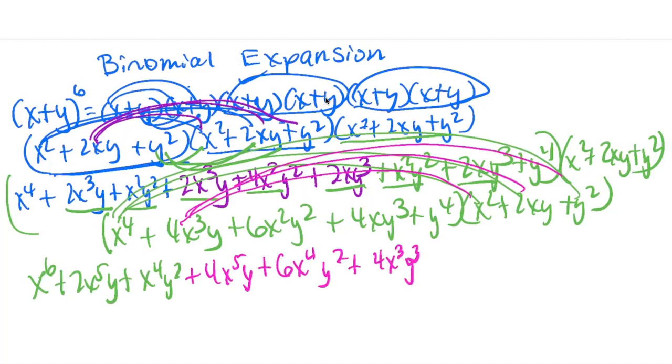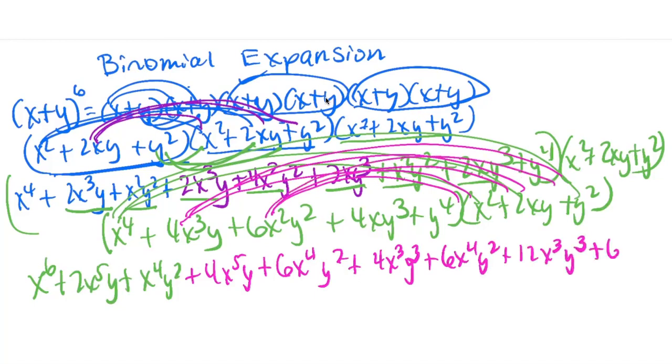I think I'll stay with this color. This gives me 6x to the 4th y squared. Gives me 12x cubed y cubed. And 6x squared y to the 4th. And when I do this in the classroom, of course, it takes up a whole whiteboard. All right, this is plus 4x cubed y cubed.